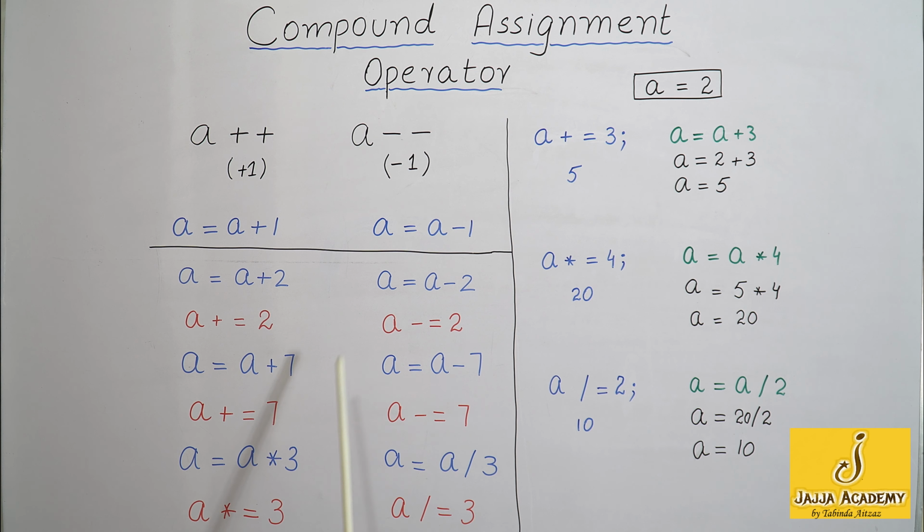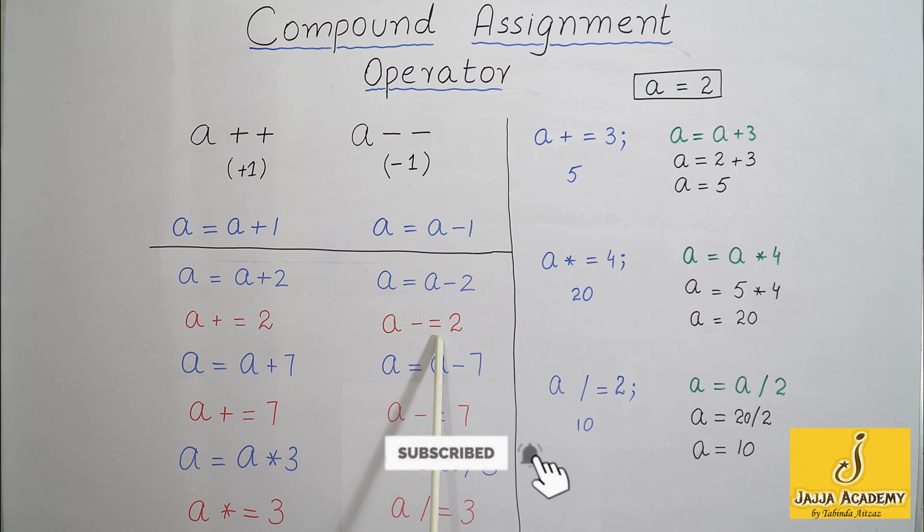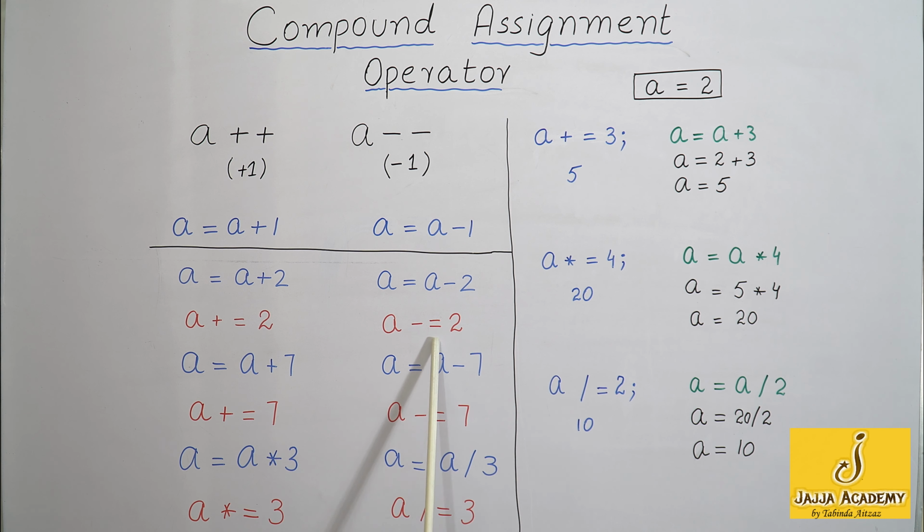These are some other examples of arithmetic operations. If I want to decrease the value of variable A, then I will write A minus is equal to 2, where minus is equal to is a compound assignment operator. And if I want to decrease the value of variable A by 7, A is equal to A minus 7, then I can write this statement as A minus is equal to 7, and this expression will perform the same as that statement.